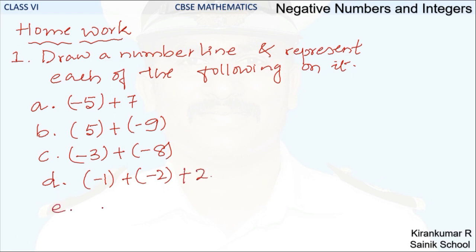Fifth one and the last one, minus 2 added to positive 7, then added to negative 8. You should be careful when three different numbers are there. Now I'll be giving you one more question. Question number 2.